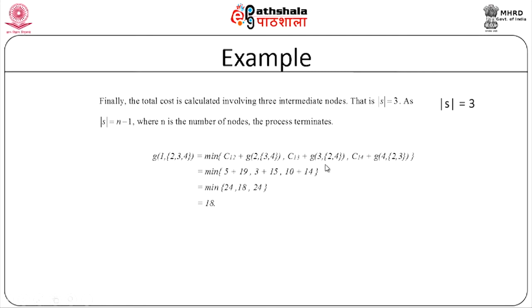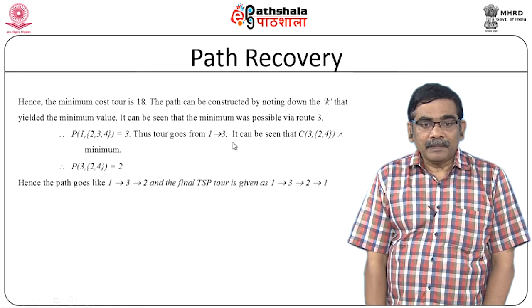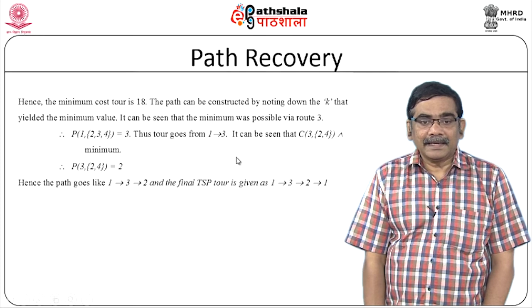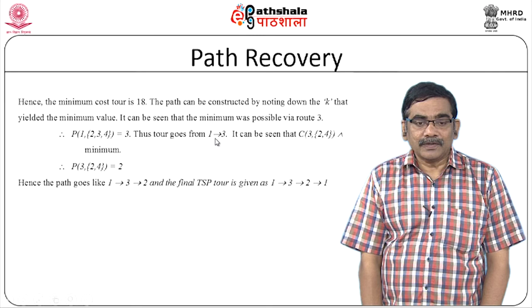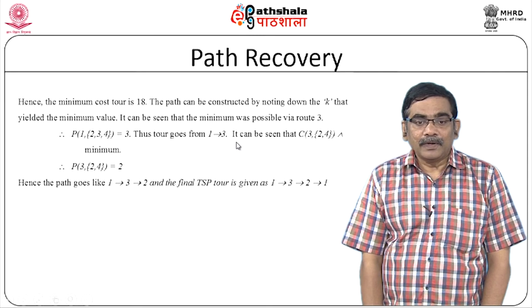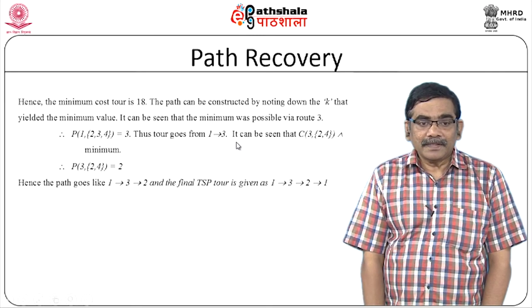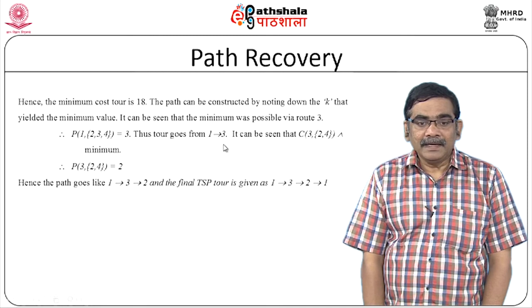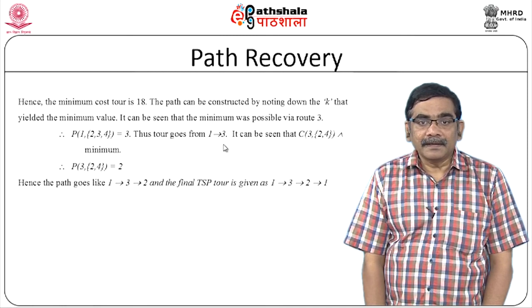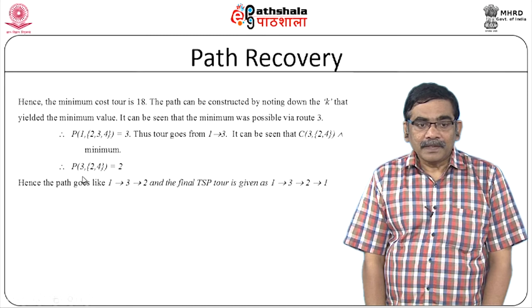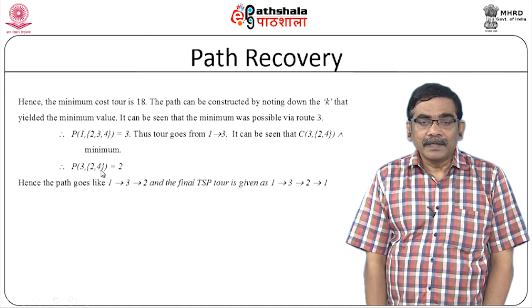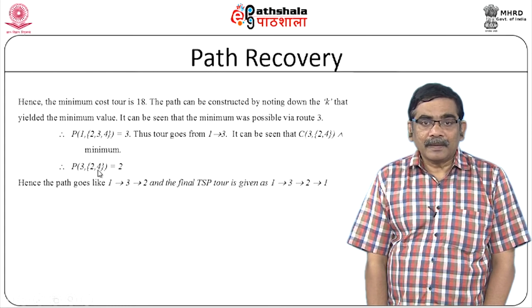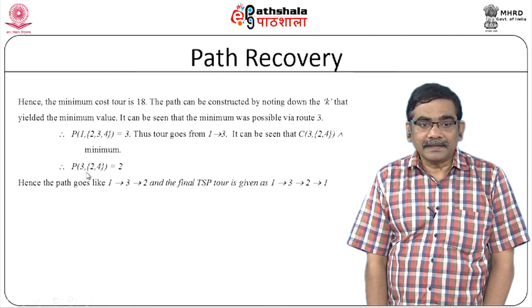If we keep on tracking that, you can see that the path is recovered. So, now the path goes from 1 to 3. Now, we have to see from 3 which path gave the minimum, which was P(3,{2,4}). Therefore, you come to the conclusion that from city 3 we have to visit 2.